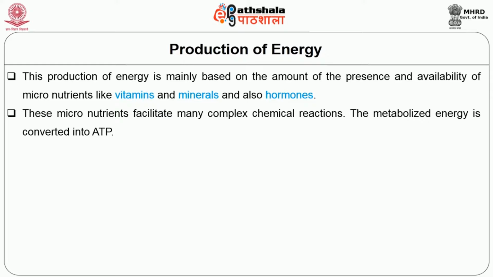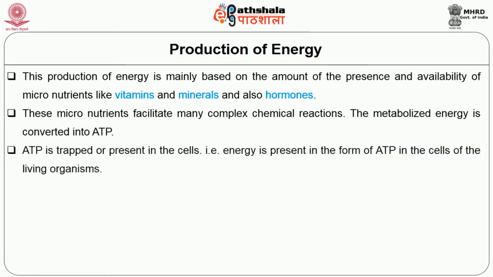The metabolized energy is converted into ATP, that is, the high energy compound or currency of energy for living organisms. ATP is present in the cells, that is, energy is present in the form of ATP in the cells of living organisms.